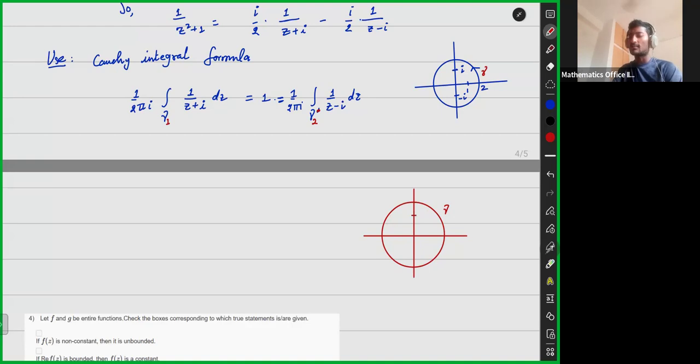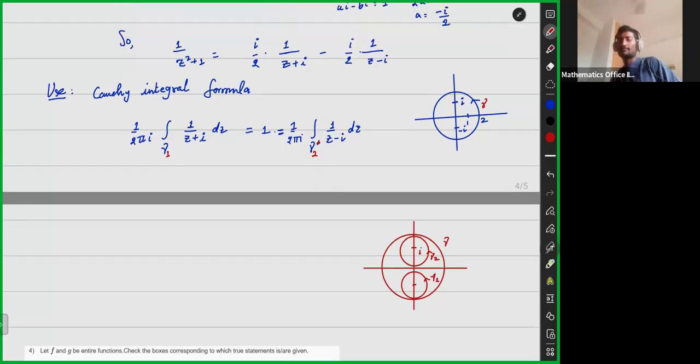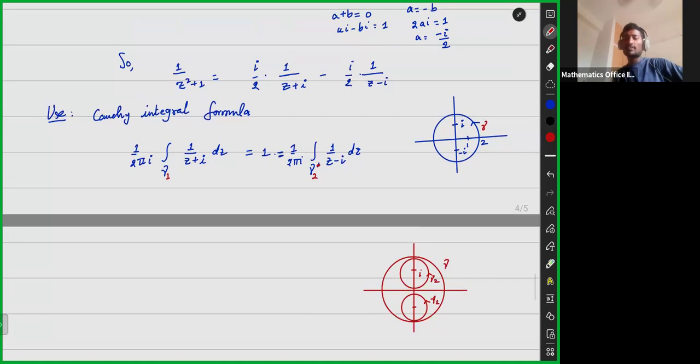This is our I. Here we have gamma 2, some circle of radius 1 maybe, and some circle here also is gamma 1. The bigger circle, which is gamma, can be continuously deformed to gamma 1 and gamma 2 while calculating the integral in parts, because for this function we only have a problem at z equal to minus I.